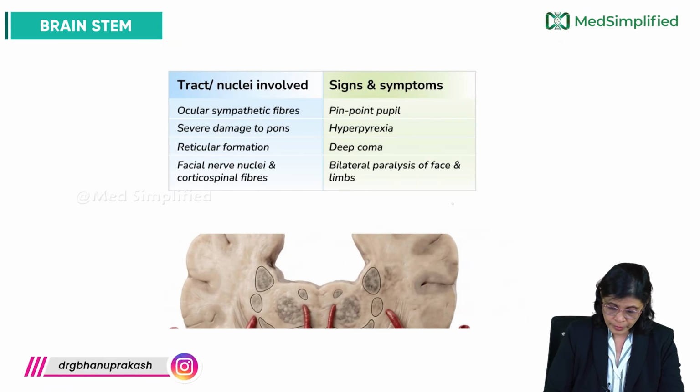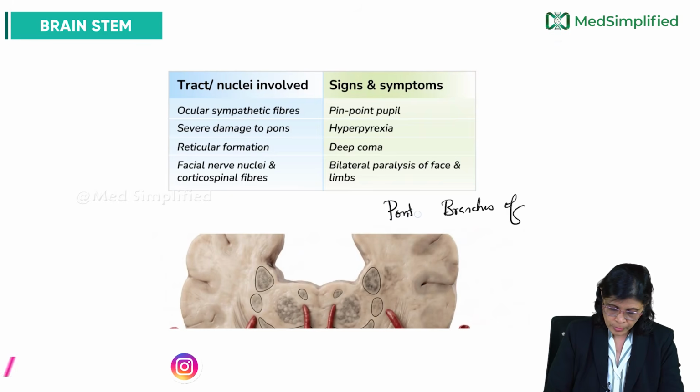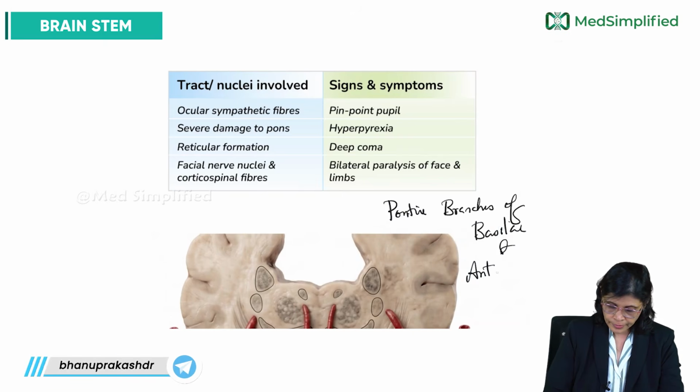The blood supply is by the pontine branches of the basilar and anterior inferior cerebellar artery, right?